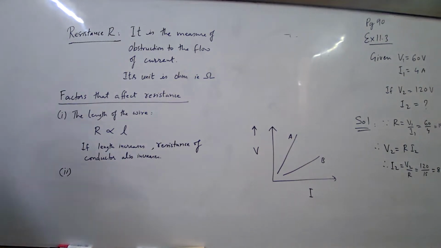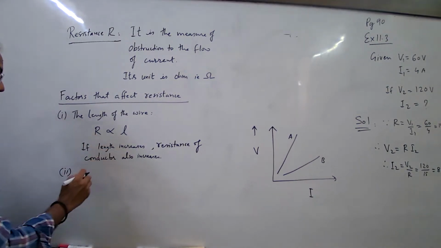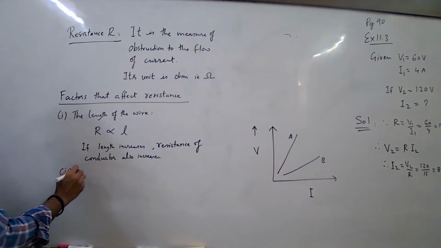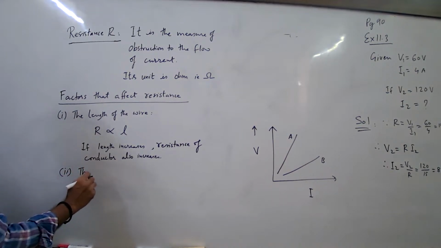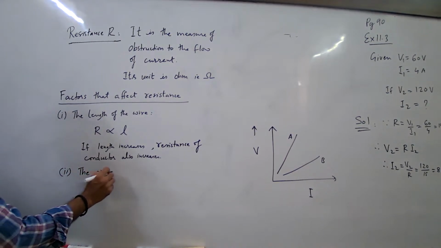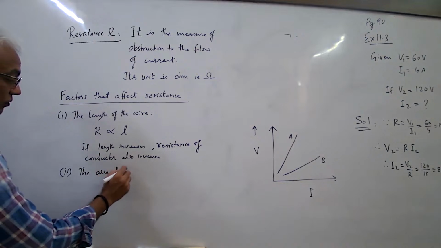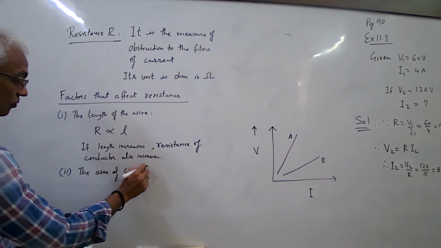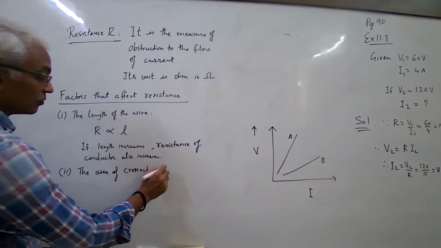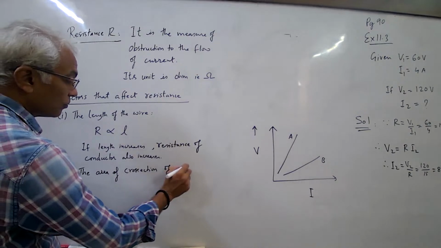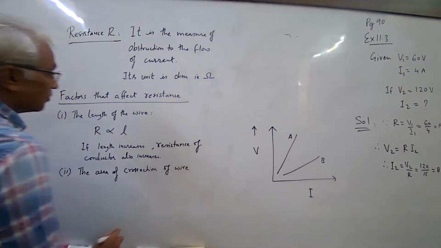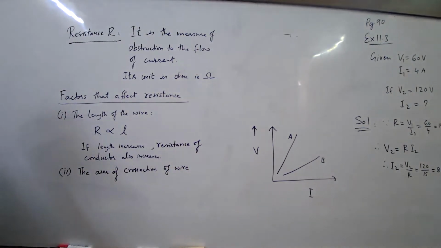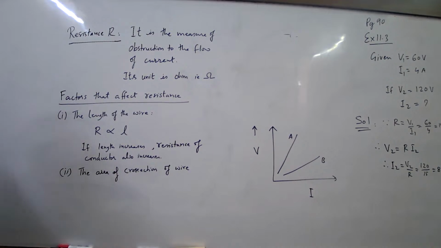Next is temperature, we'll come to it. First, the area of cross section of wire. What is the area of cross section of wire? The thickness. Let us say this is a piece of wire, so this is the area, a circular area of cross section.